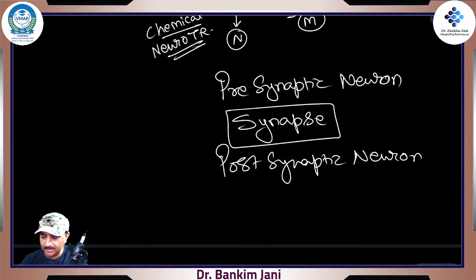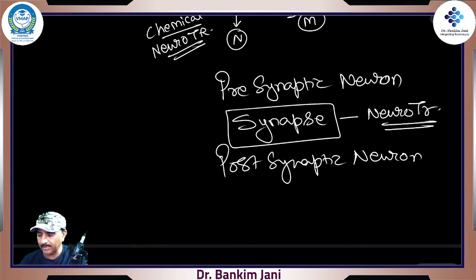And this is the synapse where there would be the neurotransmitter. Now that neurotransmitter will vary. This thing was discovered by Sherrington.